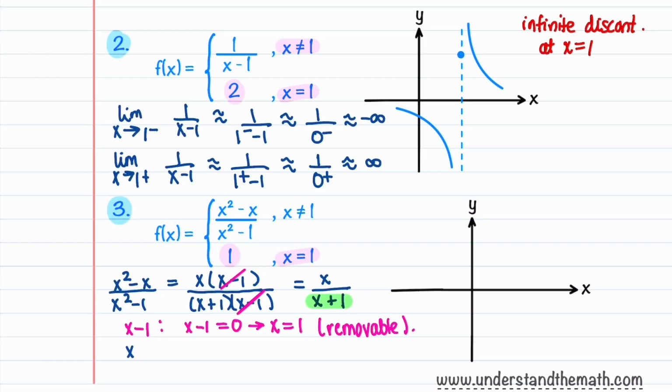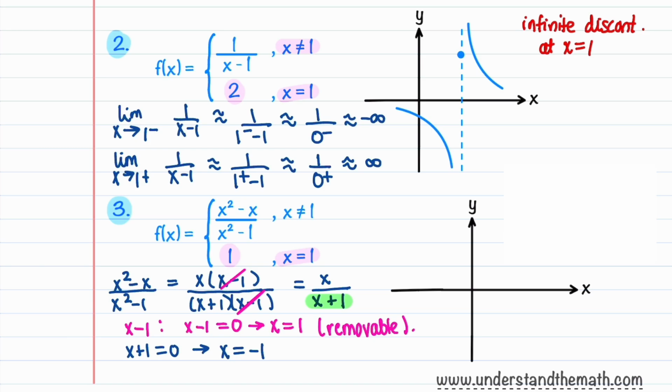Let's take that and set that equal to 0. And that gives us x is equal to minus 1. When x is equal to minus 1, our denominator is going to go to 0. So our function is going to go to infinity and also to minus infinity.